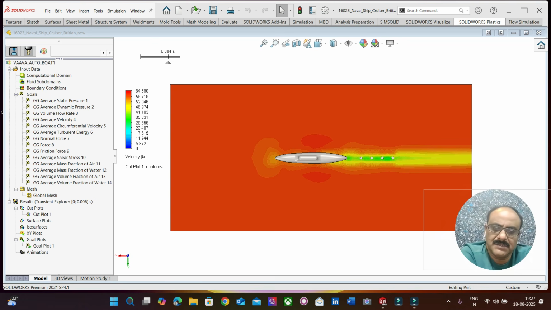A part of it is above the water, and this is moving at certain knots, say close to 16 knots, and we are supposed to be determining the parameters related to hydrodynamics.